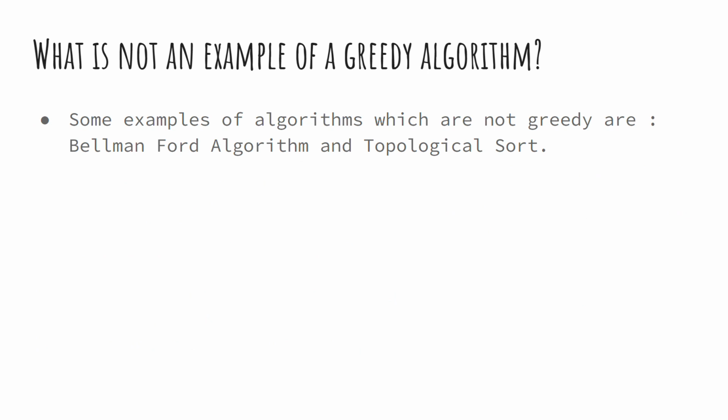We're trying to think of the big picture in these algorithms, and that's why we're not making greedy choices. Sometimes it's more important to not make the greedy choices so that we can focus on the bigger picture. These are some examples of algorithms which are not greedy.